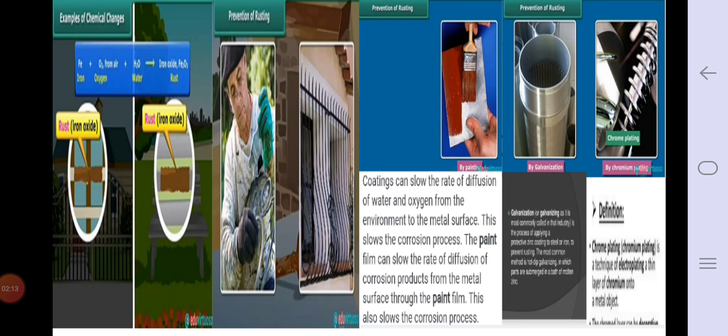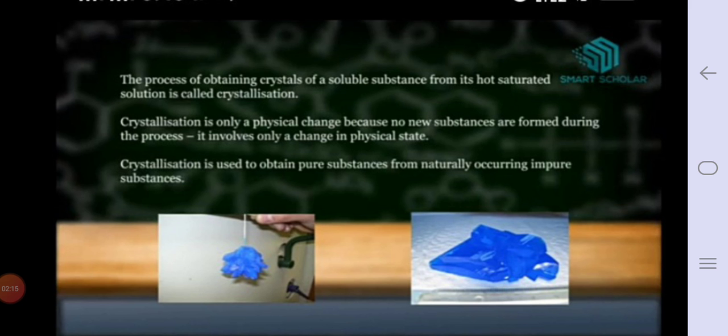Now we will see the activity of crystallization. See here, they have given: the process of obtaining crystals of a soluble substance from its hot saturated solution is called crystallization. Hot saturated means we are going to boil the solution, and after boiling we will get the crystals.